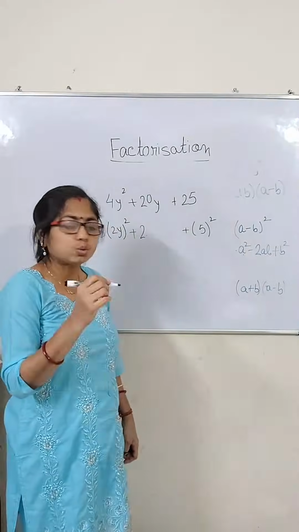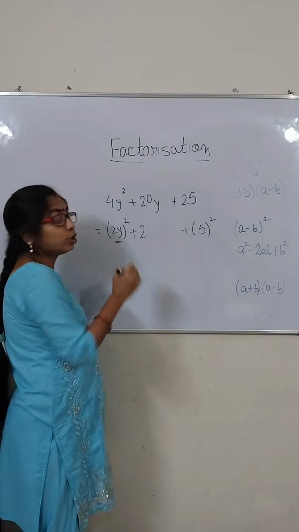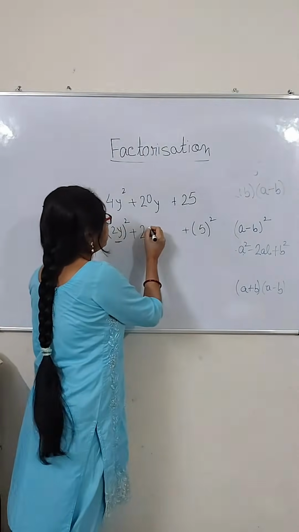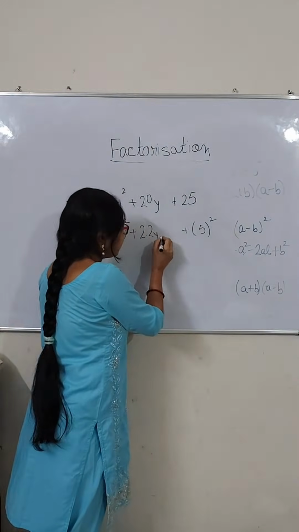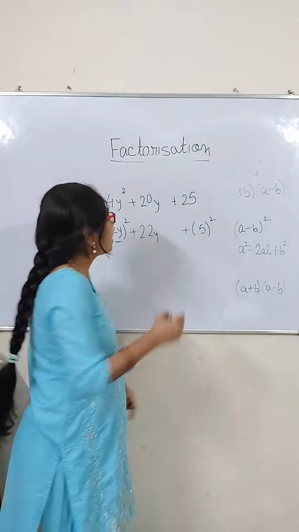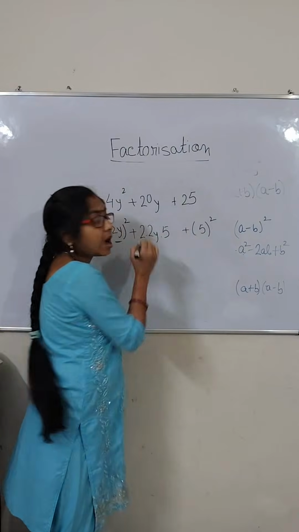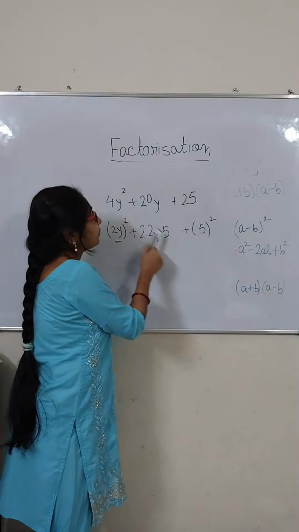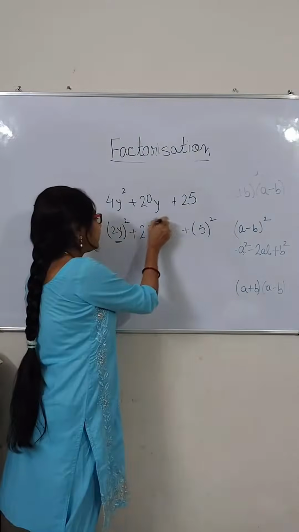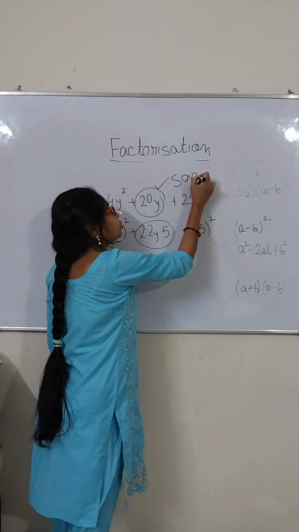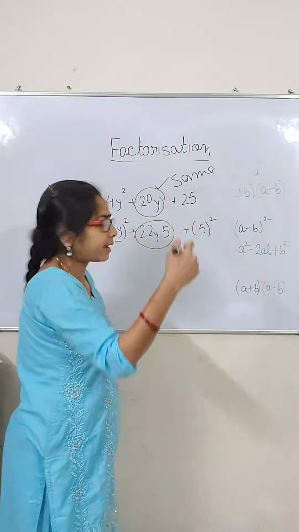A means 2y, not 2y square, only 2y, so I write 2y. And B means 5, not 5 square, so I write 5. Now I calculate: 2 into 4, 4 into 5, 20y. This part and this part are the same, so my math is okay.